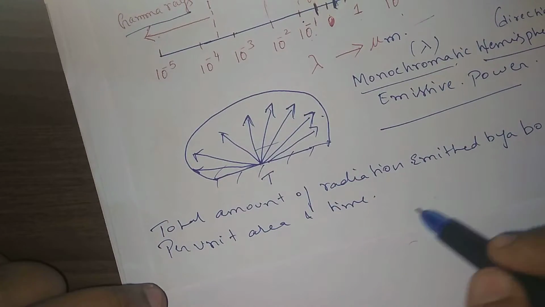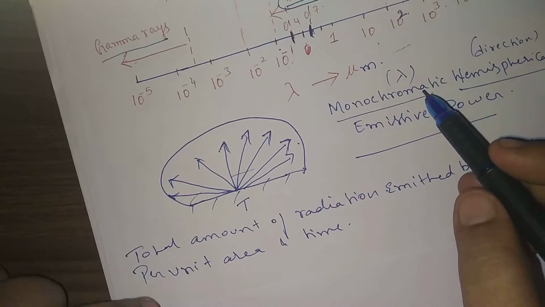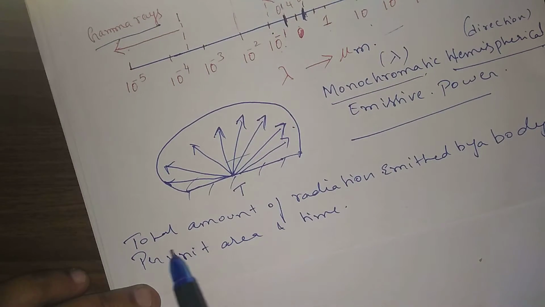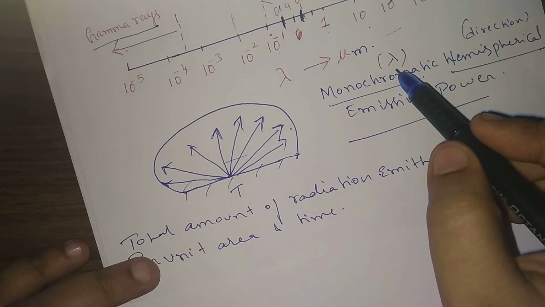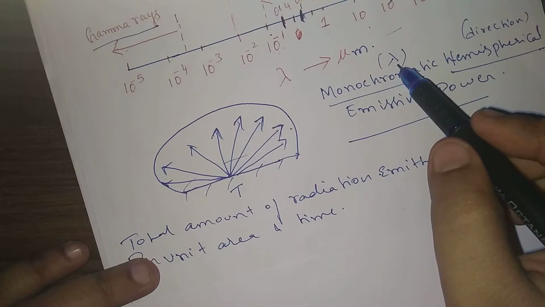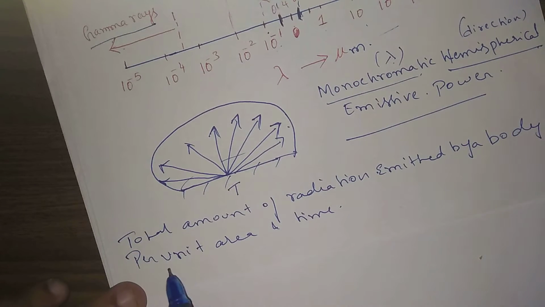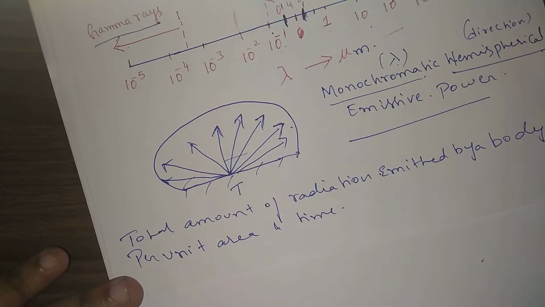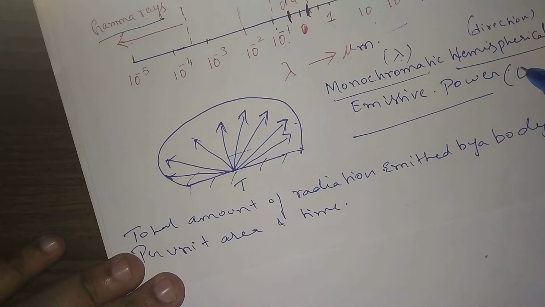Now, with respect to this, there are two more terms. The amount of radiation emitted for a given particular wavelength lambda, in all directions, by a body per unit area per unit time, is what is called monochromatic hemispherical emissive power. So this is denoted as E lambda.